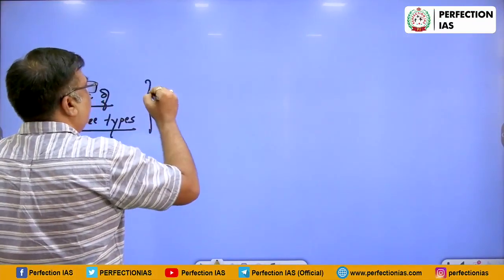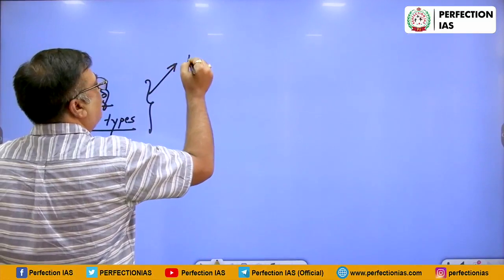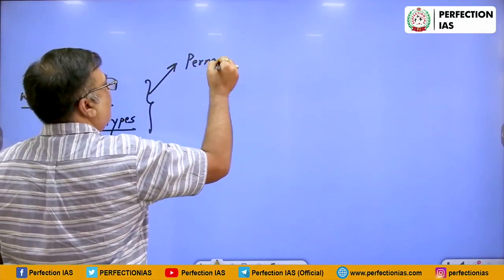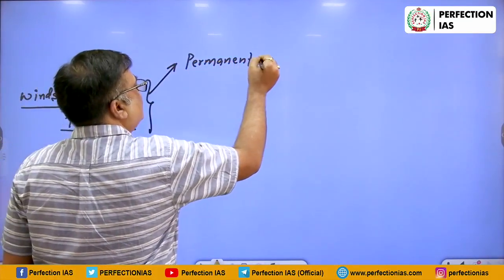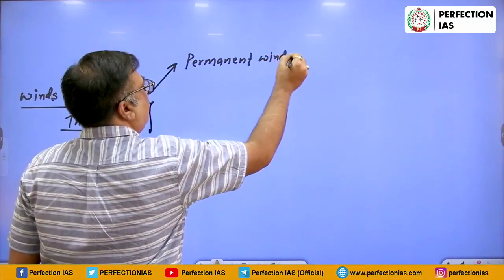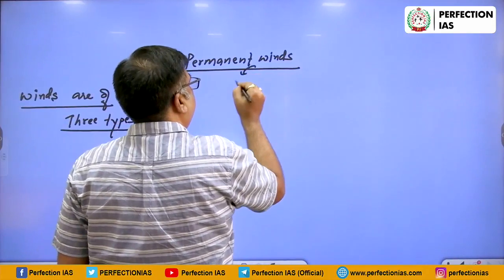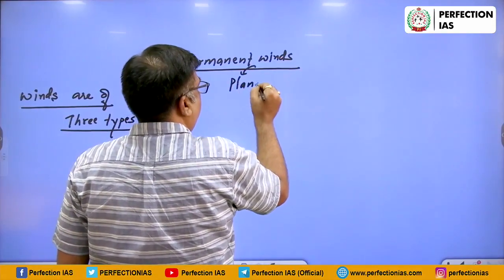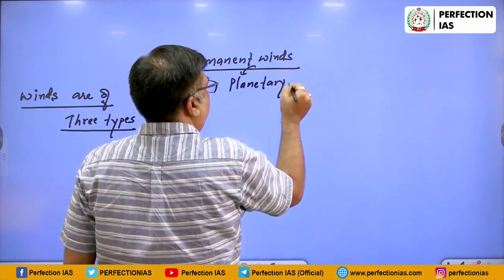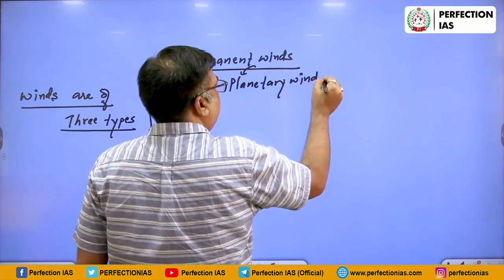Number one is called permanent winds. These are also called planetary winds.